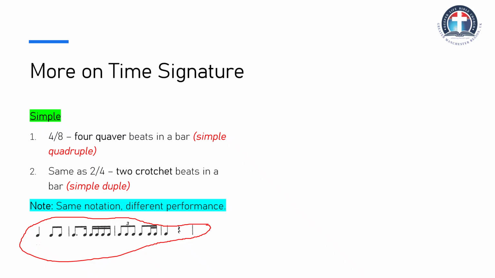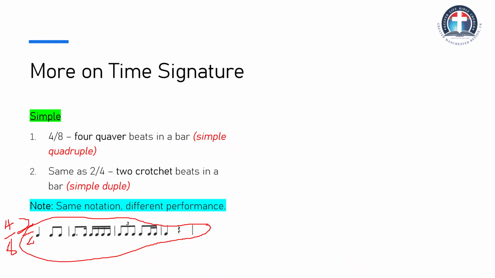On the other hand, I can say it's 4/8 because this crotchet can be divided into 2 quavers, and these are already 2 quavers, so I end up having 4 quavers. So you see, it's 4/8. So it can either be 4/8, or it can be 2/4.